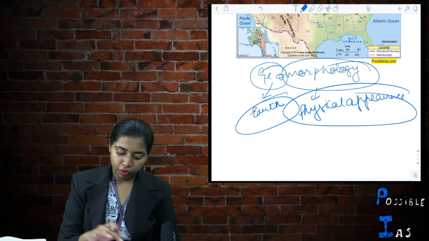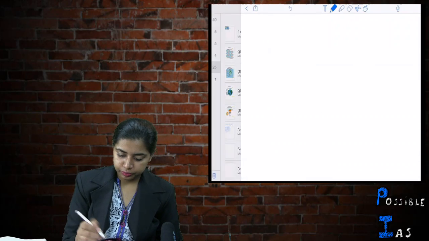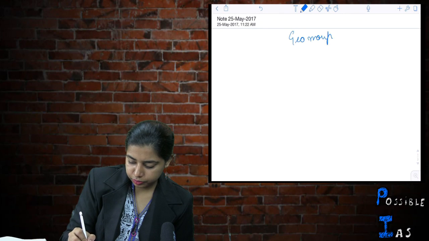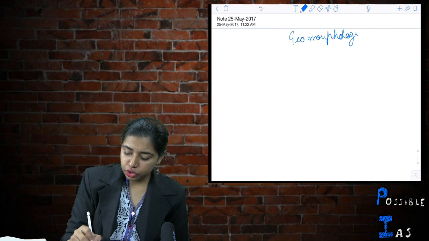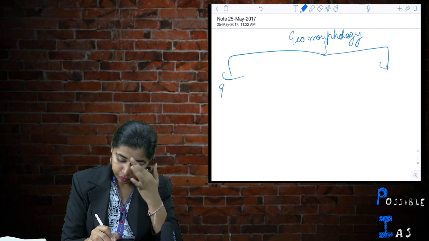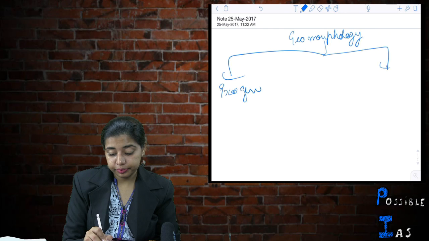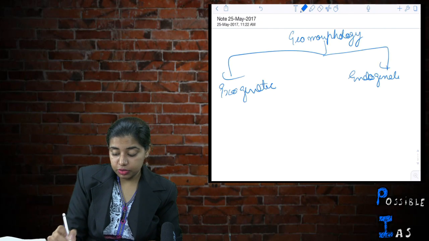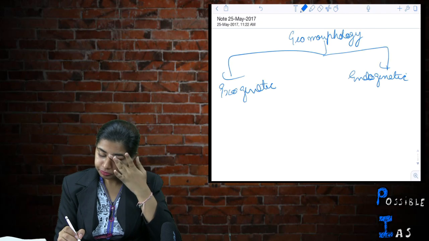Okay, so in geomorphology, there are two types of forces which affect us: exogenetic and endogenetic. So we'll study these forces in detail slowly.